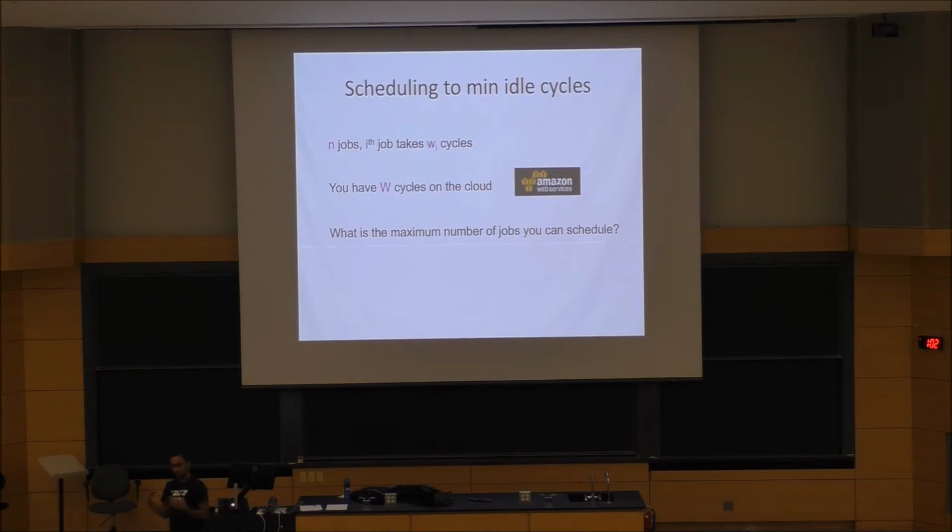And you have a total number of cycles that you have, or you consider this as a budget that's capital W. And the question is, how many of these can you schedule so that the total number of cycles or numbers that you use up is no more than your budget capital W, but you get as close to W as possible. So the point is, you want to schedule as many jobs as possible and be as close to capital W, your budget, as possible.